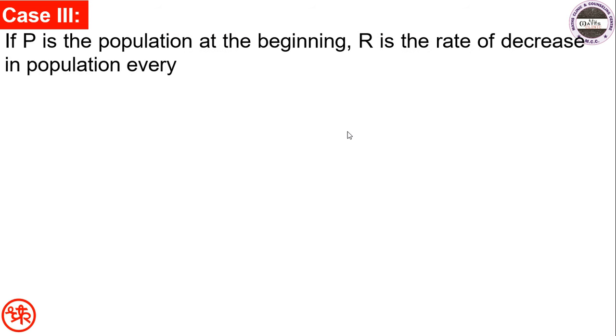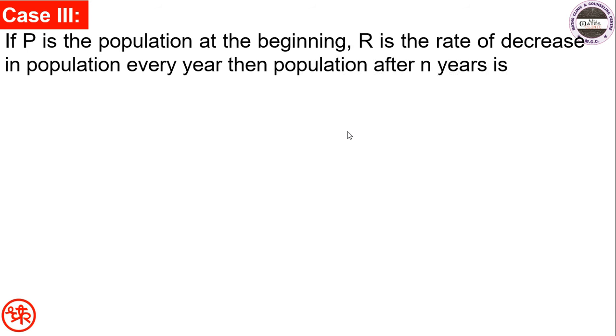Right? So case 3: if P is the population at the beginning and R is the rate of decrease. In this case, a rate of decrease in population means there is a migration of population from that town or city to elsewhere every year.